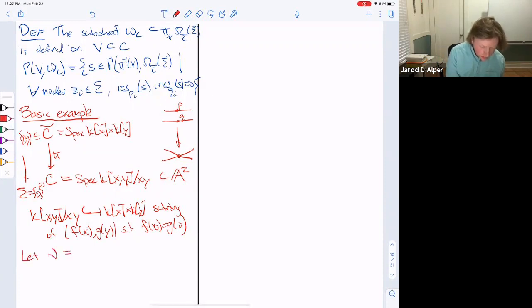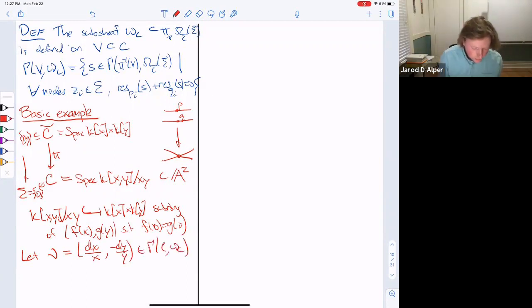Okay. And so maybe an example of a differential would be, let mu be dx over x minus dy over y. This is certainly an example of a global section, because the residue of this is 1, and the residue of this is -1.